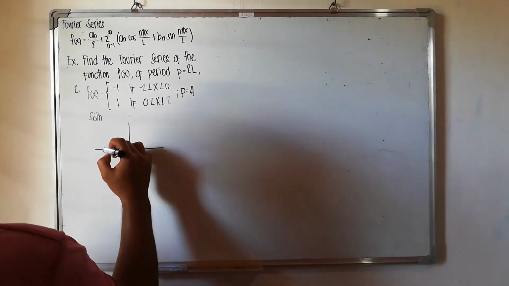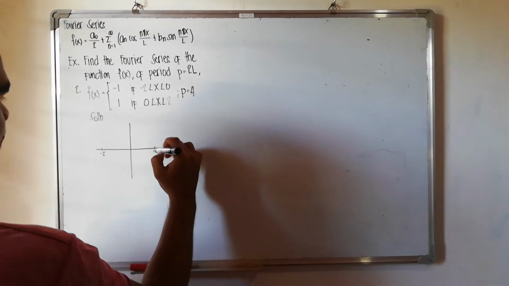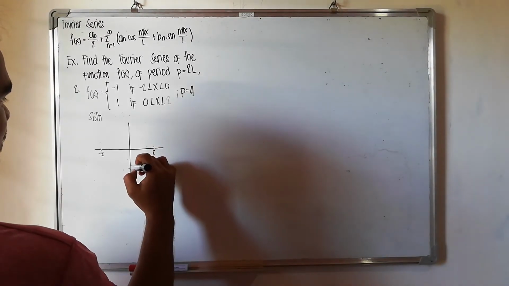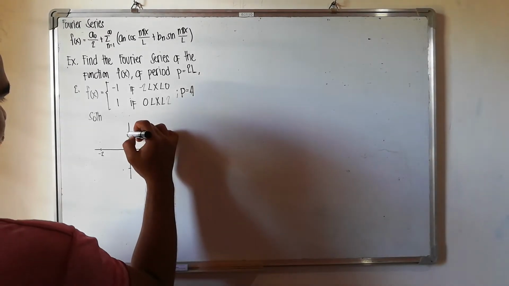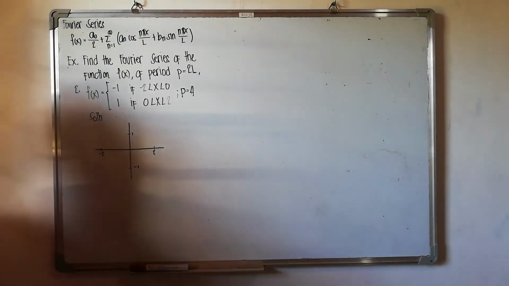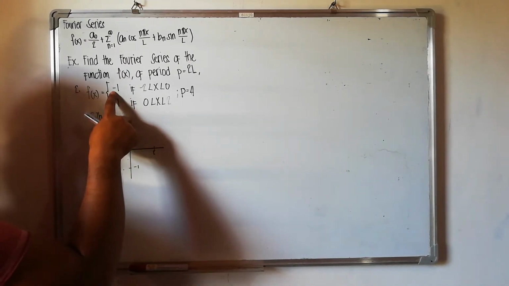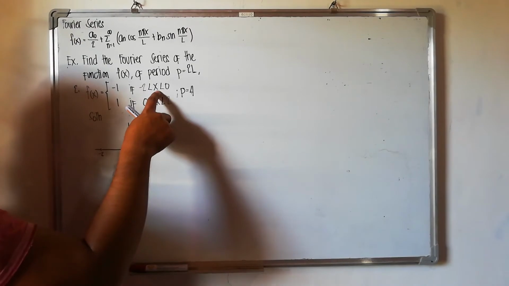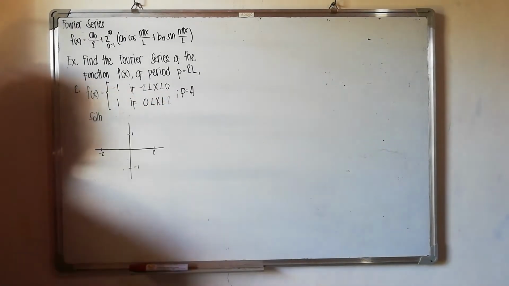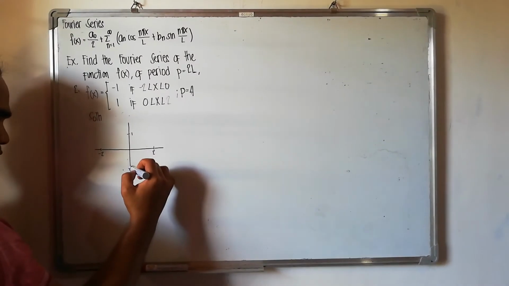Let's say this will be your x is equal to -2, x is equal to +2, y is equal to -1, y is equal to +1. So your piecewise function, f of x is equal to -1 if your x is from -2 to 0. So from -2 to 0, your y or your f of x is equal to -1.